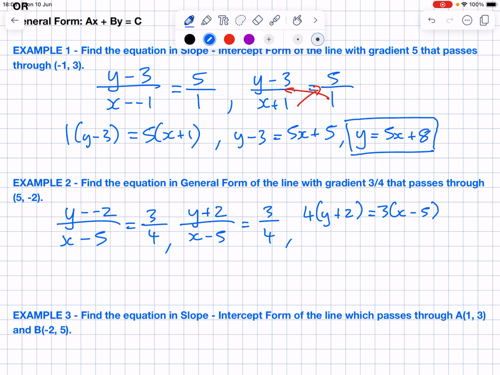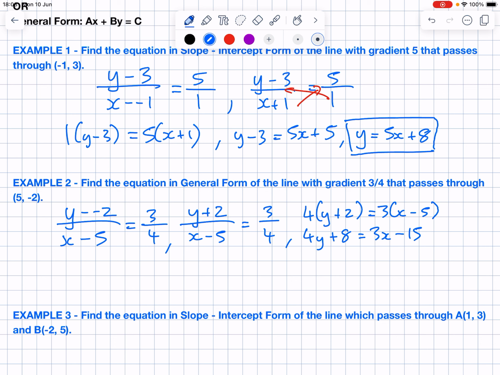Sorry. Expand the brackets. 4 times y is 4y. 4 times 2 is 8. 3 times x is 3x. 3 times -5 is -15. I want to find the equation in general form, so I want x and y both on the same side. I have 4y on the left already. I want to get that 3x from the right-hand side to the left-hand side.